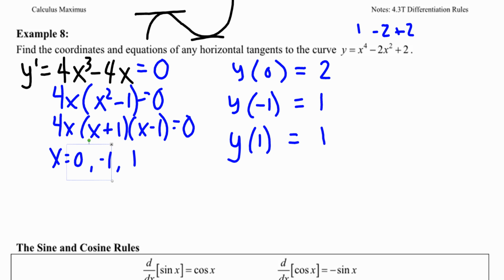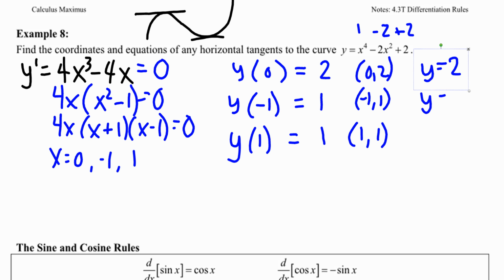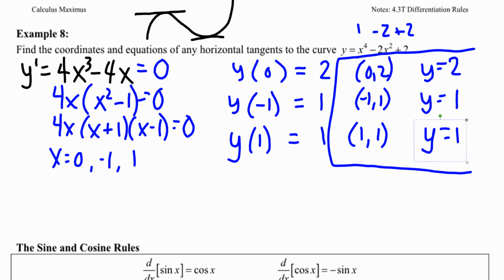Okay, so the coordinates of the horizontal tangents occur at (0, 2), (negative 1, 1), and also at (1, 1). Okay, and the equations of the tangent lines would be y equals 2, y equals 1, and also y equals 1. So you've got to make sure you answer your question. That's a really important thing.